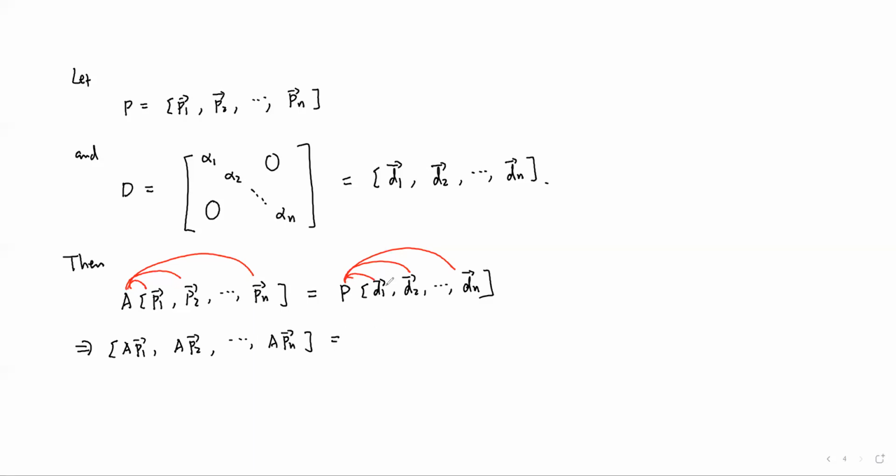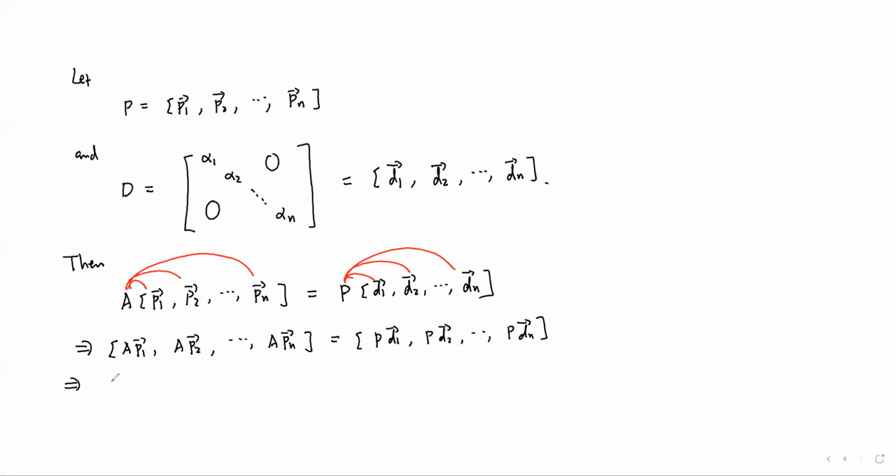The right side is P times all the columns. Now compare the left side and the right side column by column.